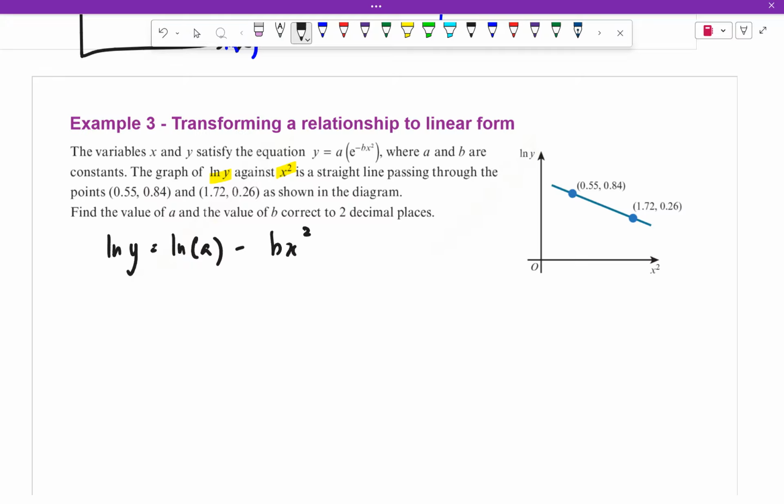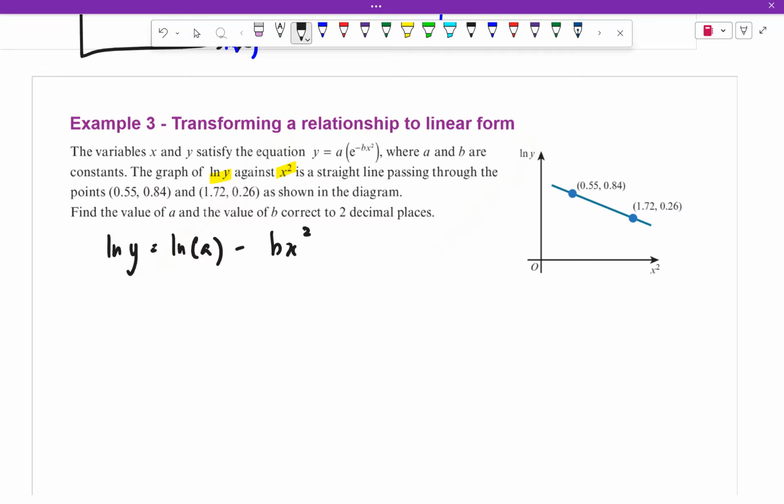Now, because our y used to be y here, and it used to be x here, if I'm comparing y equals mx plus c, because our x became x squared, we should put x squared here, and we have minus b plus ln of a equals ln of y. So that means our b value is according to the gradient, and ln of a equals our y-intercept.